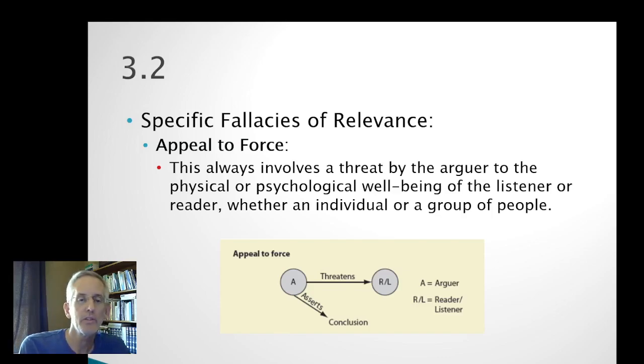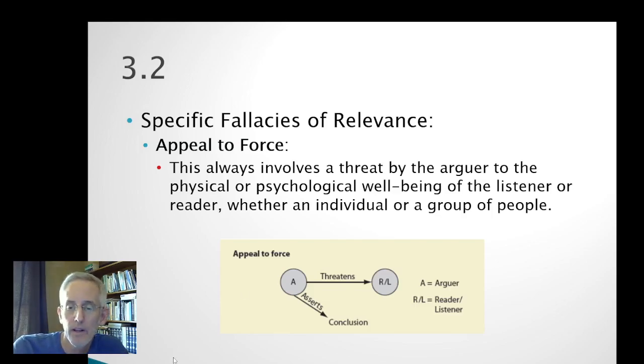One individual is trying to convince another individual to accept some sort of conclusion, and instead of offering logical evidence to support that conclusion and trying to inferentially or logically convince the individual to accept it, they threaten the individual in some way to try to compel them to accept it.